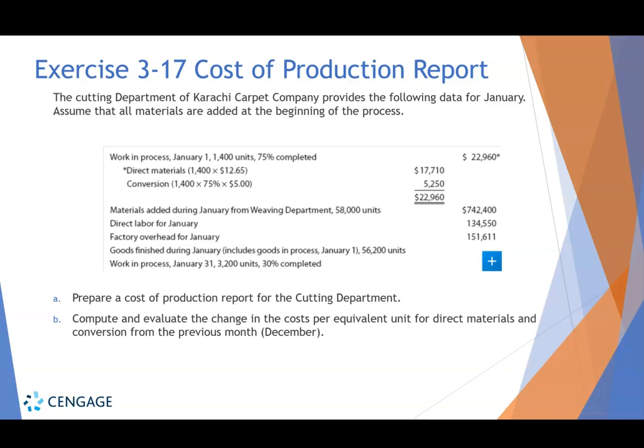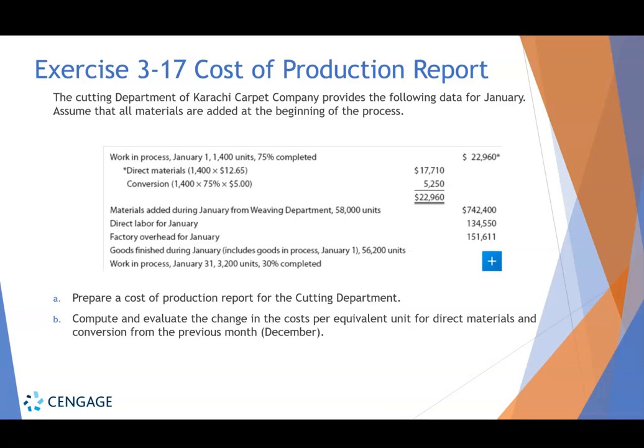We then see what materials were added, and 58,000 units were brought in from the weaving department to the cutting department. We know our direct labor and our factory overhead that was applied.